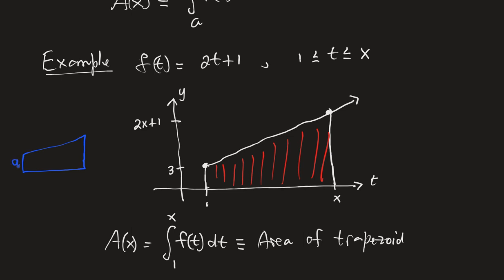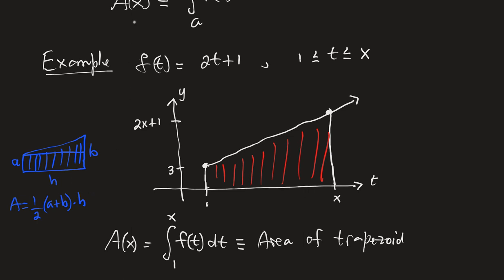The shorter of the two parallel sides is usually labeled a, the longer b, and then the perpendicular distance between them, that shortest distance, is h, and the area is 1/2 times the sum of a and b times that perpendicular distance h, right? So we can use this formula. If you wanted to, you could split it into a rectangle and a triangle, and you'd have to use a couple of formulas there. But this is a nice formula to remember for a trapezoid.